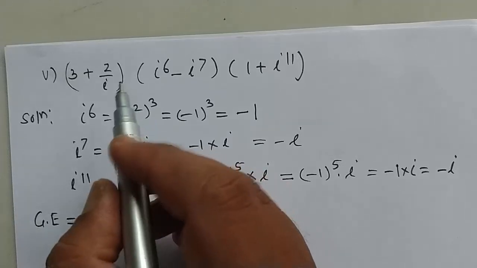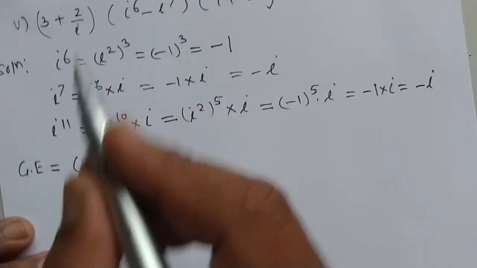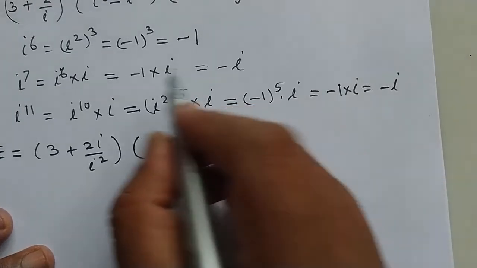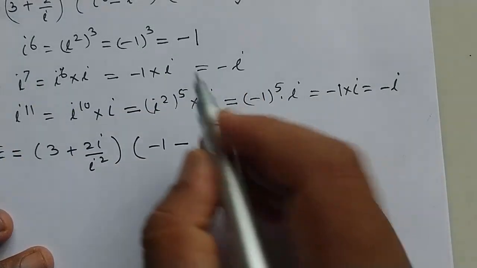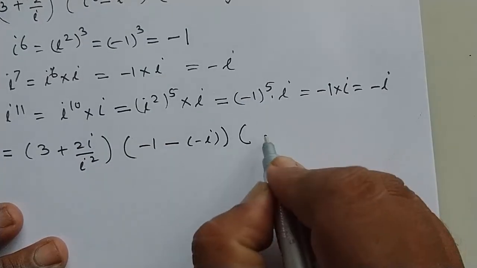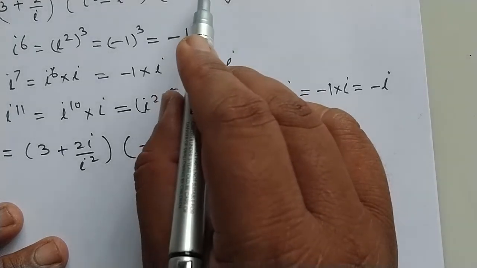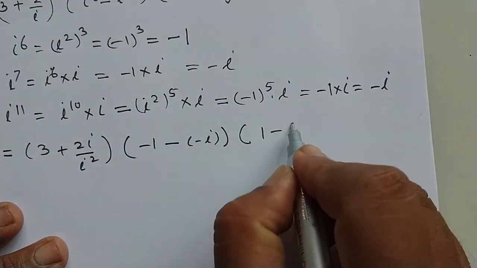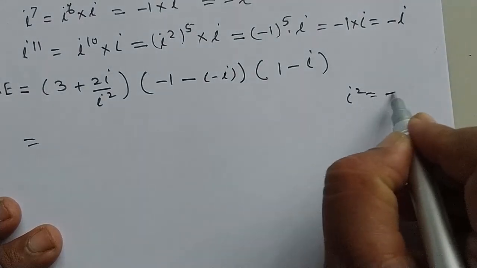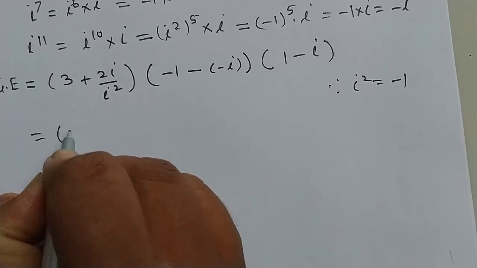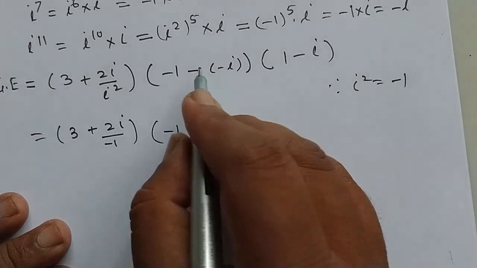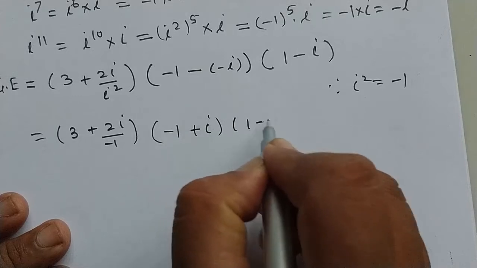Now, we multiply i to the numerator and denominator. 3 plus 2i upon i square into, i raised to 6 is minus 1, minus i raised to 7 is minus i, into bracket 1 plus i raised to 11, which is minus i, so it is minus i. i square is equal to minus 1, so 3 plus 2i upon minus 1, minus 1, minus minus plus i, into 1 minus i.